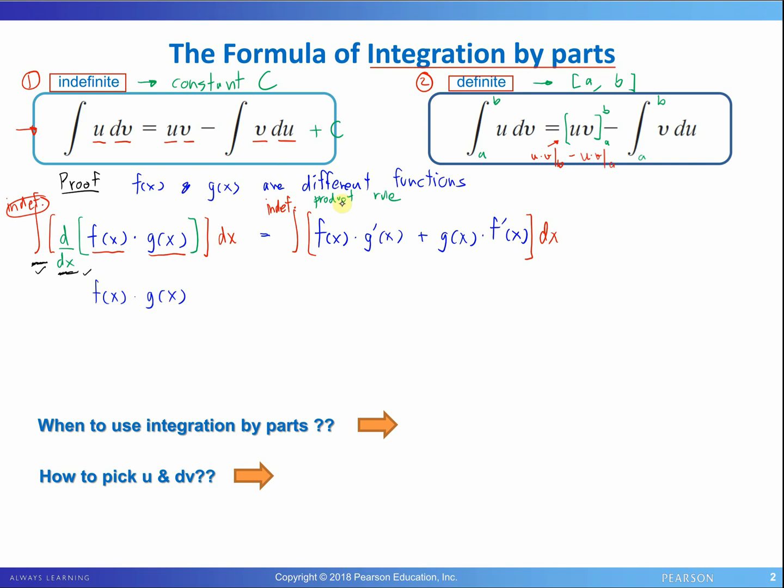So we are supposed to have this plus c at the end. Now let's work on the right-hand side of this equation. On this side, I'm going to distribute the integration to the front term, f of x times g prime of x, and then distribute this to the back term, g of x times f prime of x.